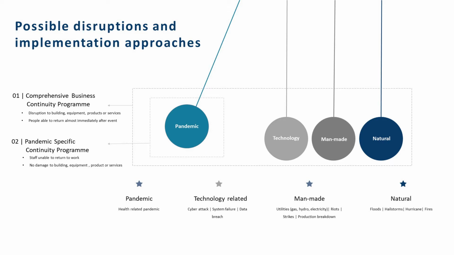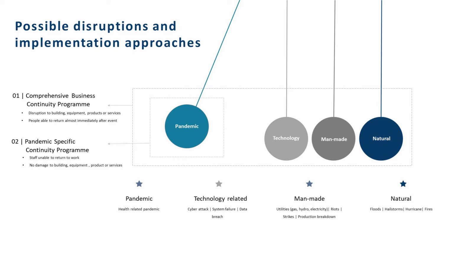So, as management, I think there are two implementation approaches that you can take. The one is to focus on making sure you have a comprehensive business continuity program that looks at all the different types of disruptions. And I'll talk about that a little bit more. The other one, if you have other priorities and don't want to spend all the time and effort on a comprehensive business continuity program, is that you could start with a pandemic specific continuity program.